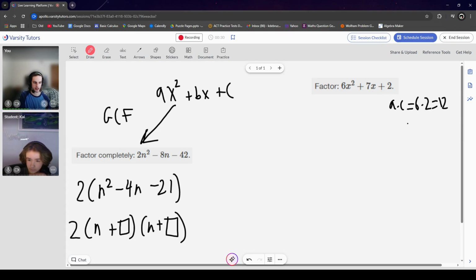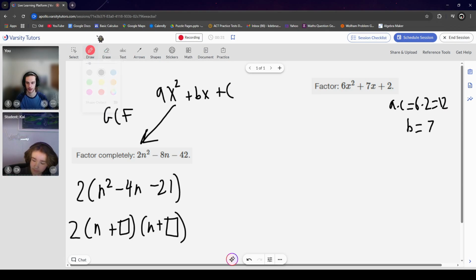And then our B is 7. So 12 becomes our new C. I want you to think about 12 as if it were here in the problems we've been doing earlier. So what numbers would we choose if B is 7 and C is 12? What would multiply and add up to them? Yeah, exactly.